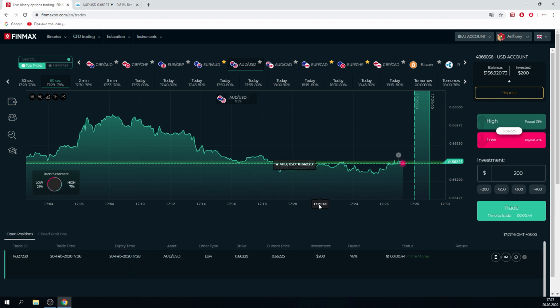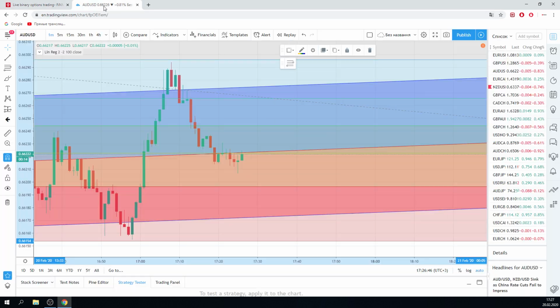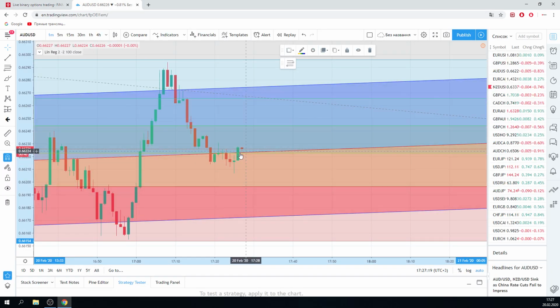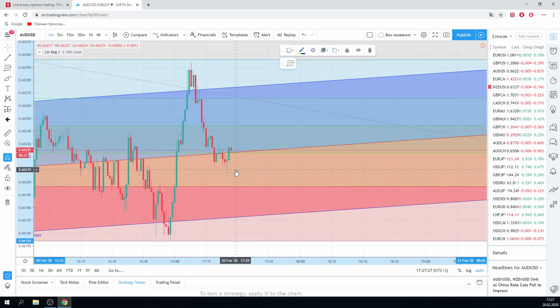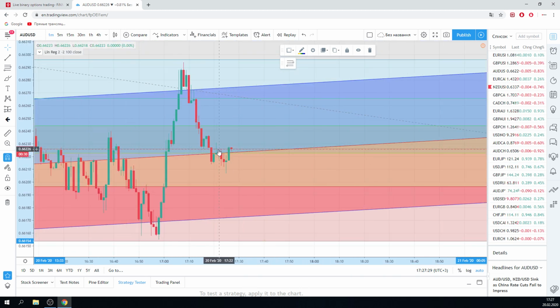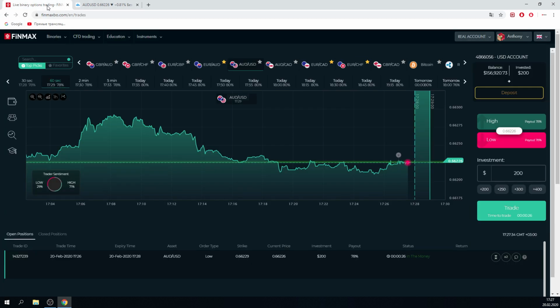That's good to know. Let's wait for the AUD USD to finish, and let's look for some more sessions. As you can see, it did break the 0.6 level, as I understand, and it's trying to go back. Let's see if my decision to go for the low direction is going to be alright.